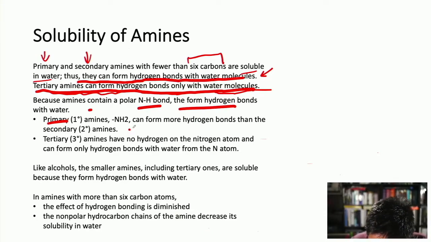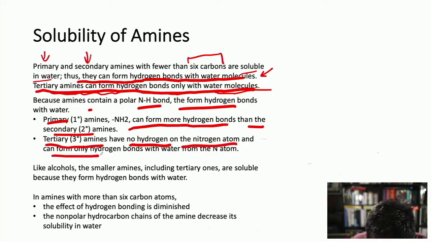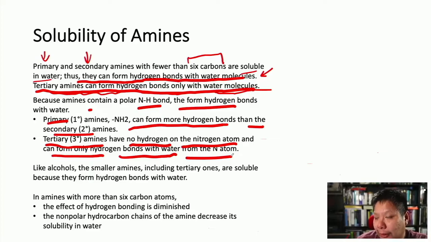primary amines can form more hydrogen bonds than secondary amines can, right? But tertiary amines have no hydrogen on the nitrogen atom and can only form hydrogen bonds with water from the nitrogen atom. That's the reason why a tertiary amine can only form with water, because the only thing it has to form with is its nitrogen, right?